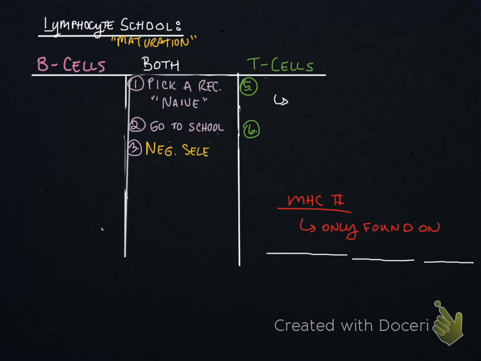That means both B cells and T cells will go through this. They both go through negative selection. And negative selection selects for cells that do not bind to self, meaning they're not going to attack self cells in your body that are supposed to be there.